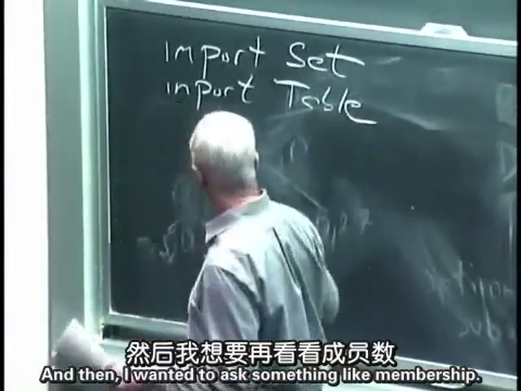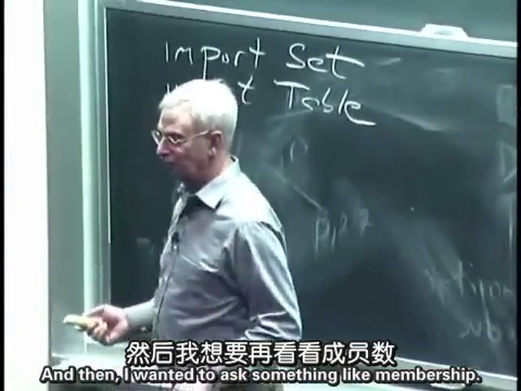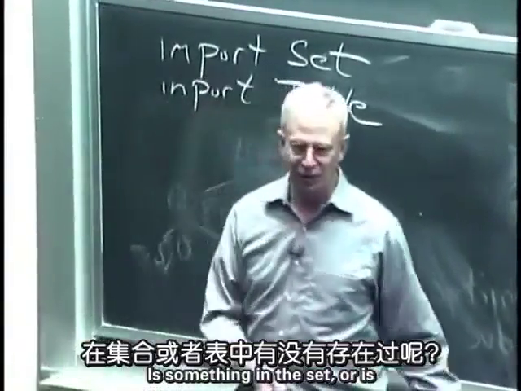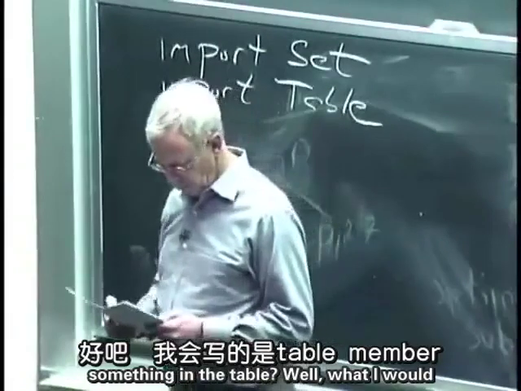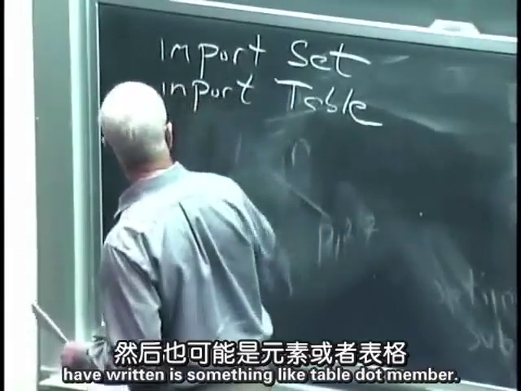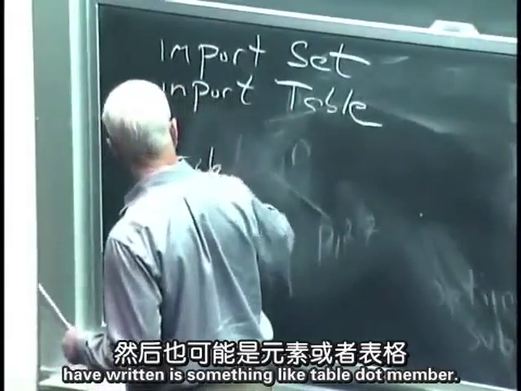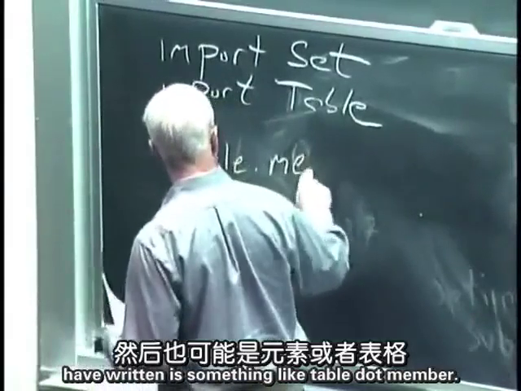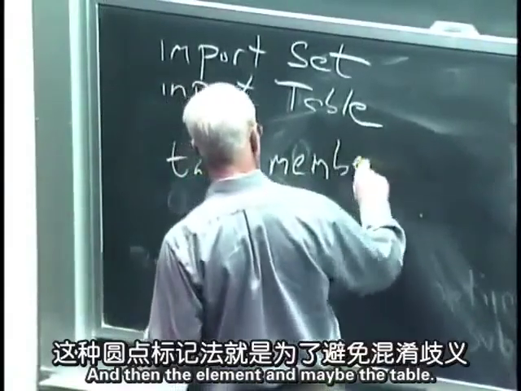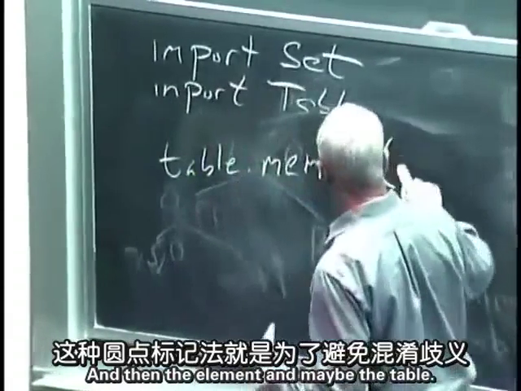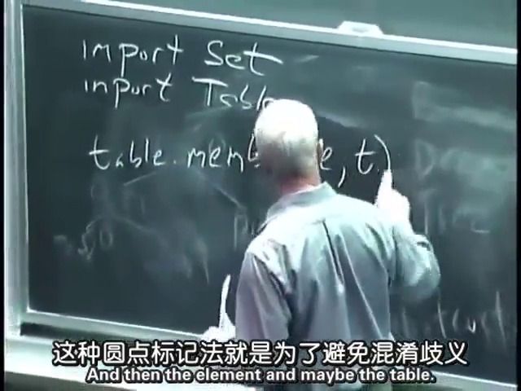And then I wanted to ask something like membership. Is something in the set or is something in the table? Well, what I would have written is something like table.member, and then the element and maybe the table.